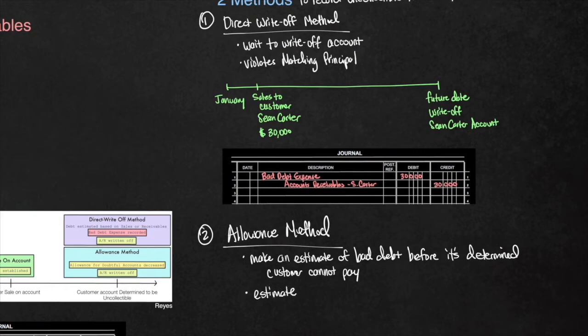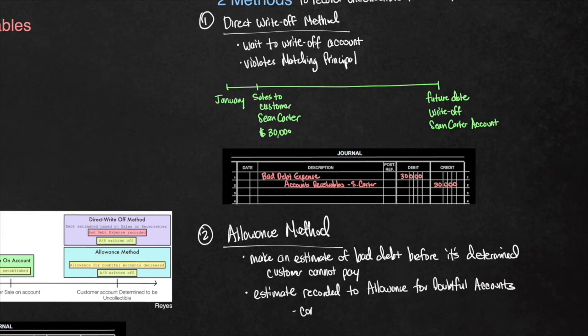This is a good thing about the allowance method, because it creates an estimate of the bad debt and is recorded before, again, I'm going to emphasize, before you know which customers will not pay you. This estimate is recorded in an account called the allowance for doubtful accounts.